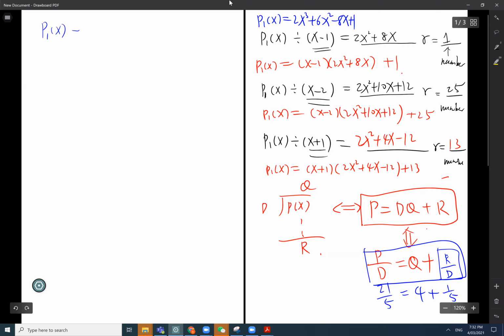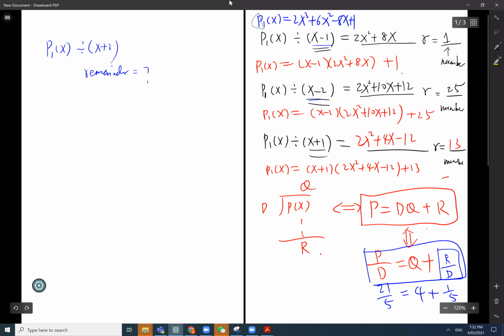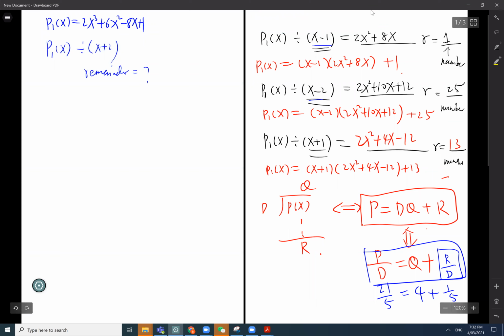P1(x) divided by x minus 2. Okay. x plus 2. What's the remainder? That's this question. What's the remainder? Everybody try.